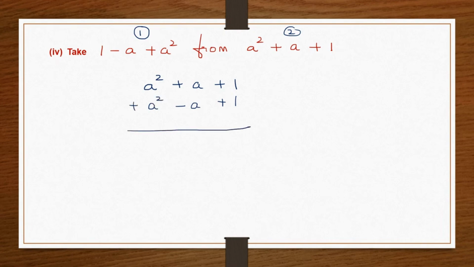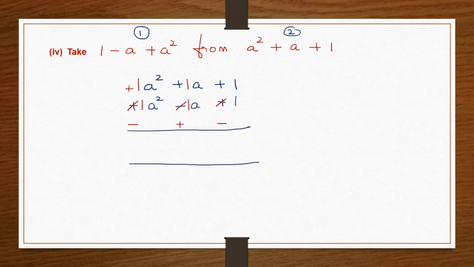Okay. Now, first thing, let's give them all their numbers and signs. Plus 1. Here also we have 1. 1 here and 1 here. Now, remember this is subtraction. So the sign of all the terms in the second row will change. Plus becomes minus, minus becomes plus, and plus becomes minus.